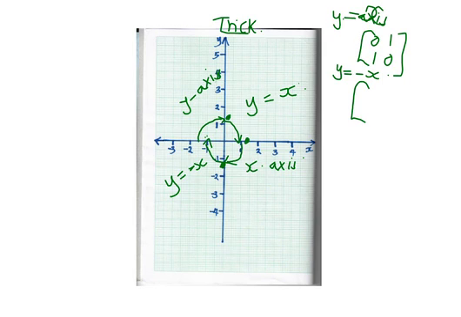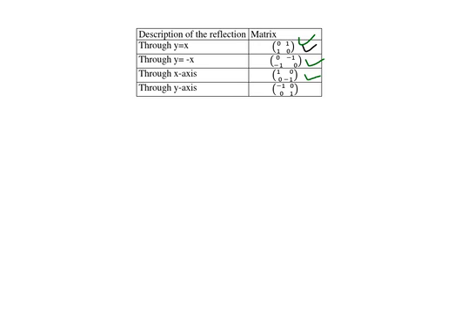So we will have the first coordinate here, which is 0, -1, going to this coordinate over here, which is -1, 0. So we can check that one for y equals negative x, and that's true.